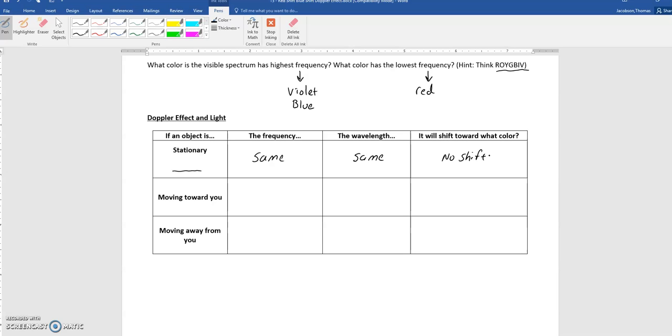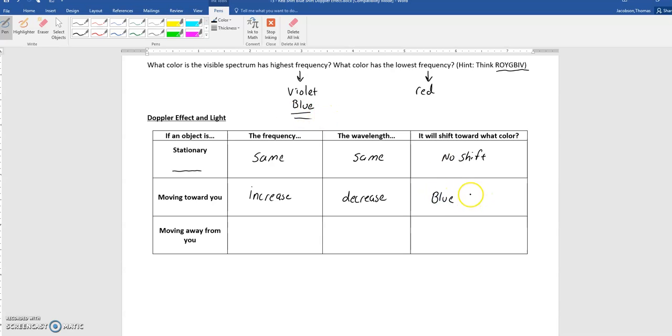But just like if a sound was going towards you, the frequency would go up, if a light was going towards you, the frequency would go up and the wavelength would decrease. Here sound would become higher pitched, but for us we get a higher frequency of color, and the higher frequencies are the blue.